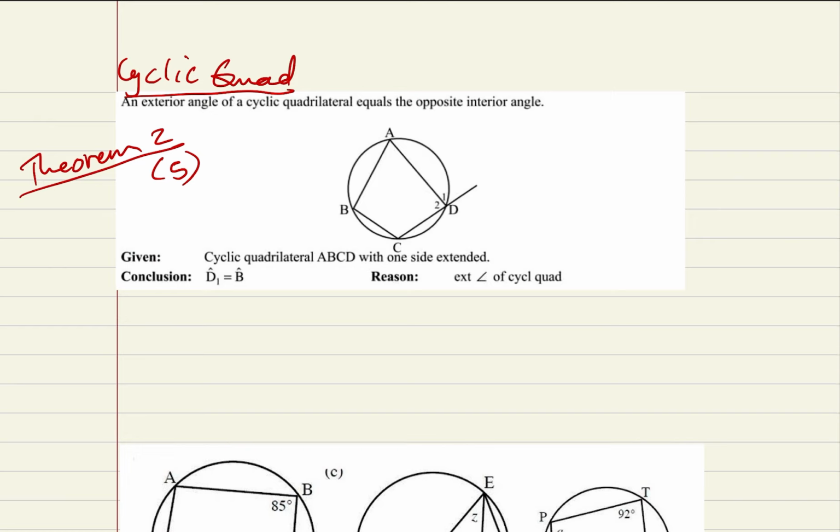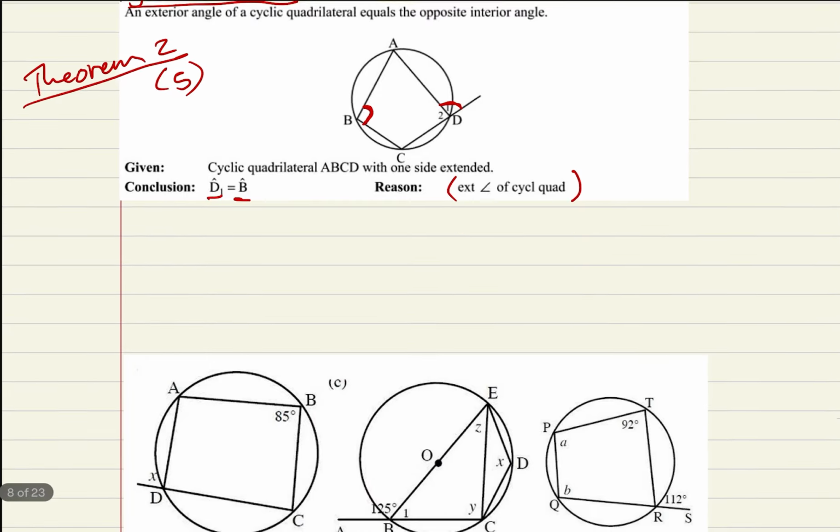That means D1 equals angle B. Here is D1, which equals angle B there. And the reason says this is an exterior angle of a cyclic quad. That's our reason. Now let's not waste any more time and get into it. Now let's get to number 1.